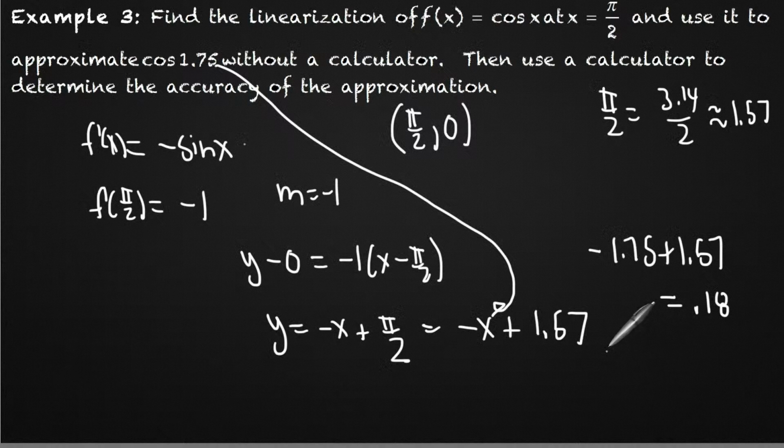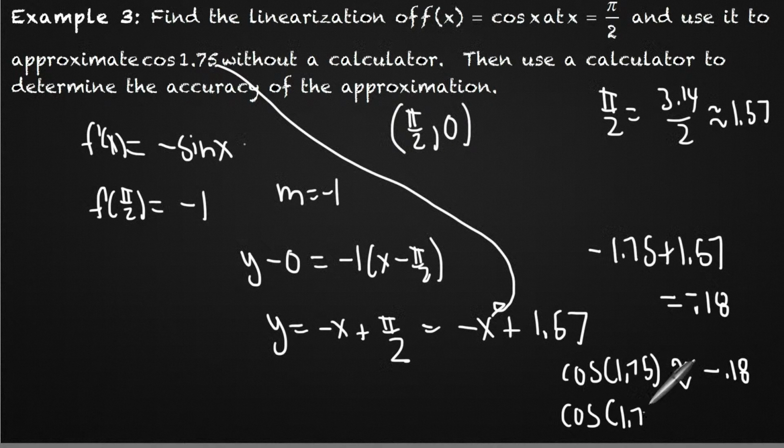So what we'll say is that cosine of 1.75 is approximately negative 0.18. But if I plug cosine of 1.75 into an actual calculator and get the real value, it'll be negative 0.1782. And you can see very closely, here is our approximate, and here is our actual value. And if you wanted to get the accuracy, you would subtract the actual from the approximation to get the error.